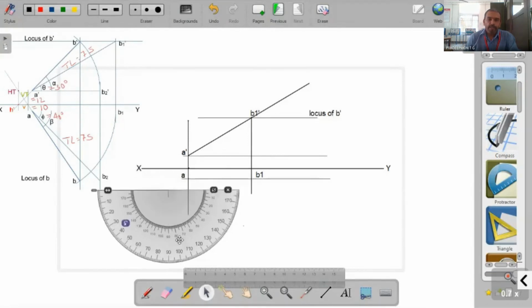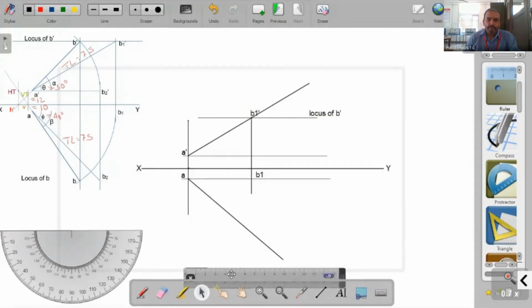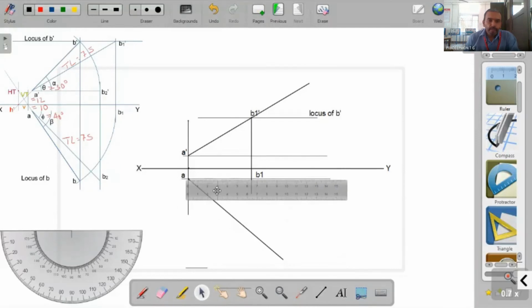Now we drop a straight line from the newly marked point and from A. So this is the 40 degree line, and on this line you mark distance equal to 7.5 centimeter or 75 millimeter.